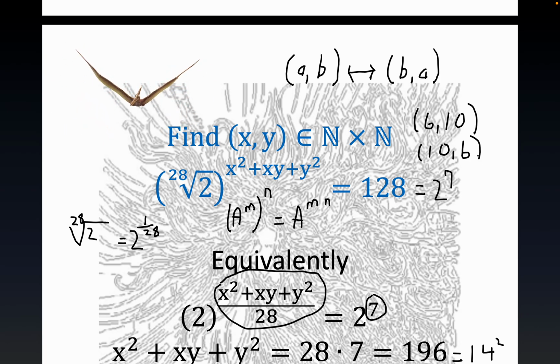And if you allowed for negative integers, you could put plus or minus 6 and plus or minus 10. So I guess you have 4 solutions that way? Yeah, you would have 4 solutions if you allowed for integer solutions. Maybe even more because of the 0 thing I talked about earlier. But anyway, that's it, folks. That's all I got.